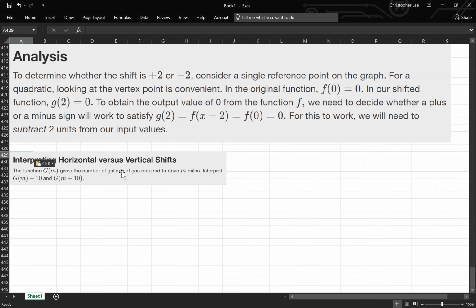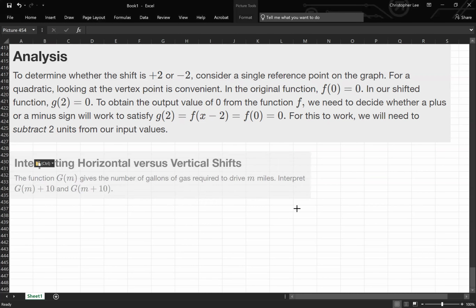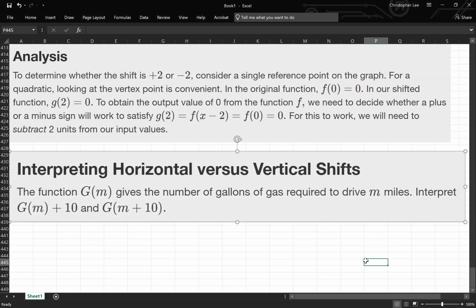All right, let's do a harder example. Interpreting horizontal versus vertical shifts. The function g of m gives the number of gallons of gas required to drive m miles. So let's interpret g of m plus 10.